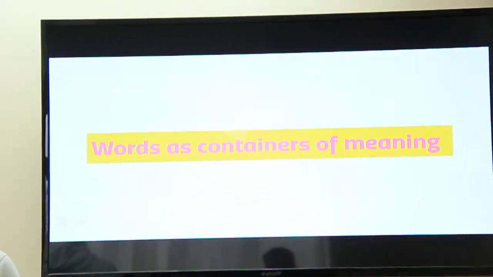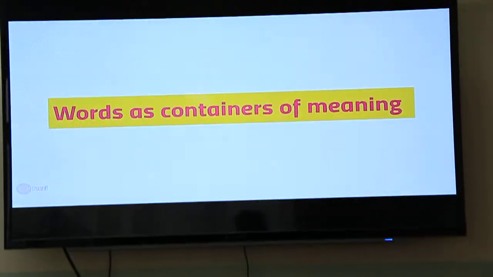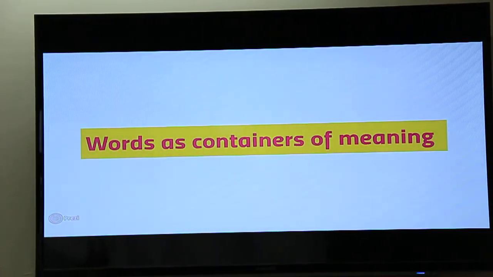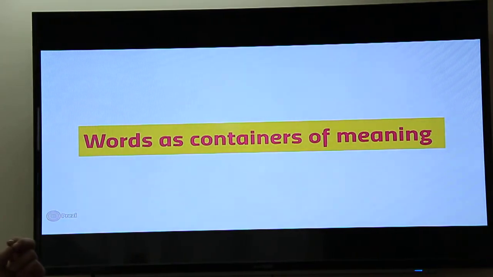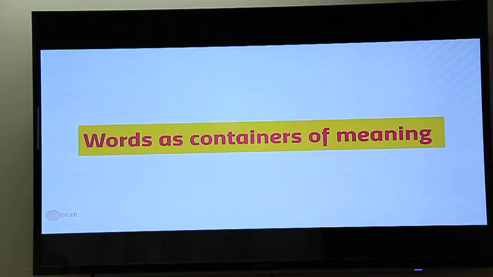Which of the following illustrates the semantic roles of the sentence, the boy kicked the ball? Now, one way to distinguish between words was through semantic features. Okay, but that's of course not enough.